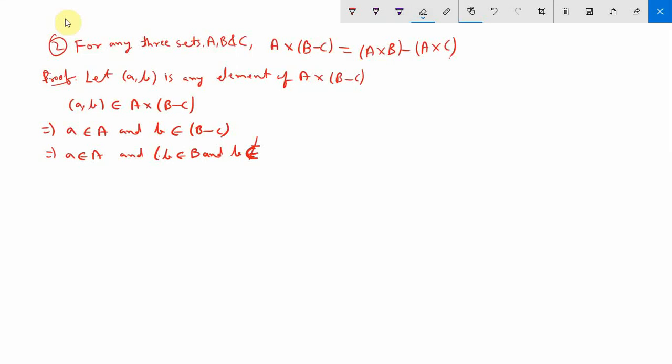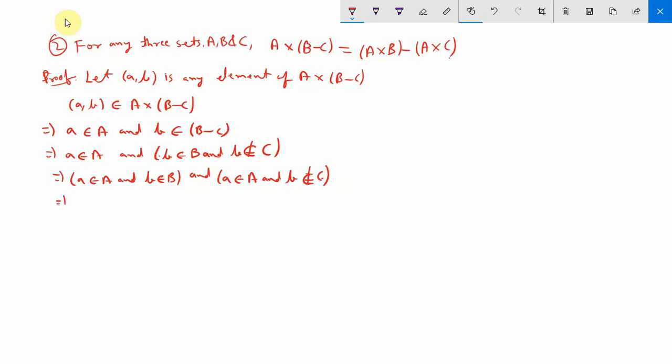So I will write it clearly. So b is not an element of C. Okay. And this may be written as a is an element of A and b is an element of B, and a is an element of A and b is not an element of C. Okay.